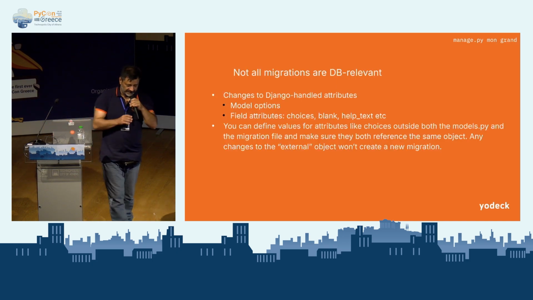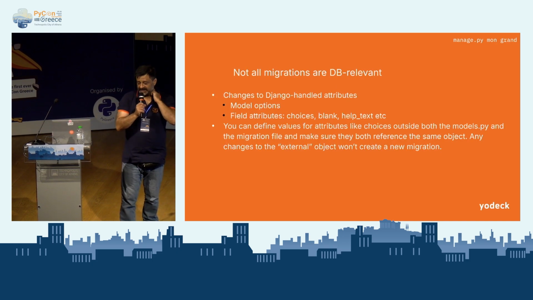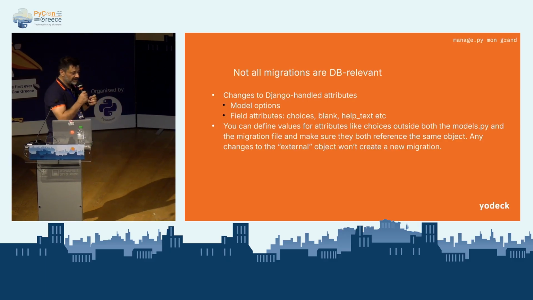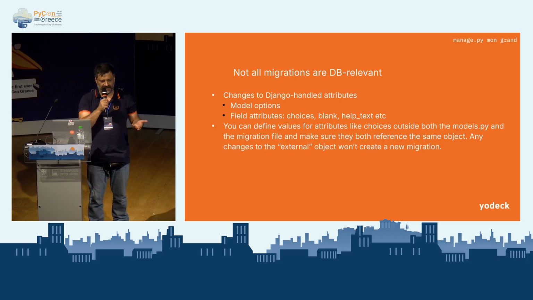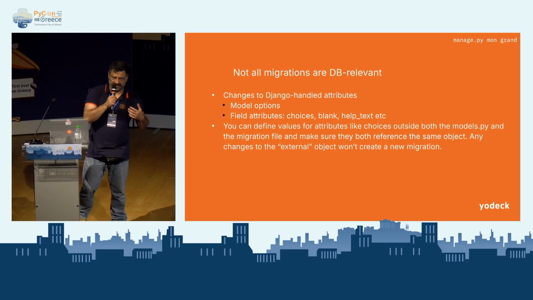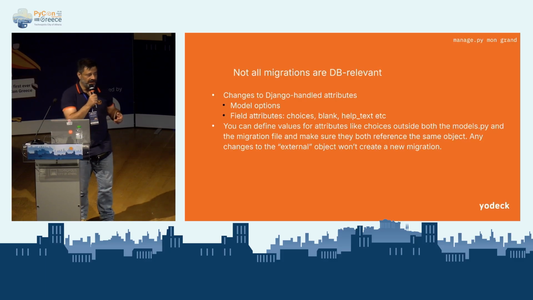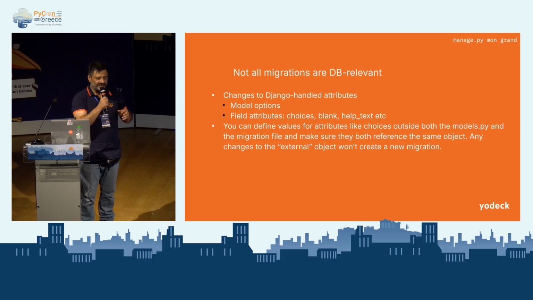Another thing that is important is that not every migration file stored by Django migrations, or South as the module used to be called, is about the database. Some information is only Django.